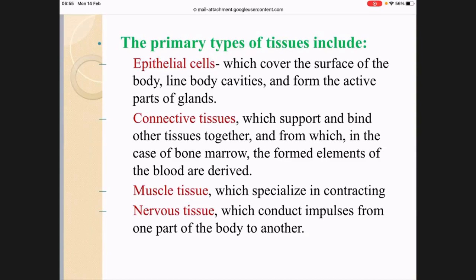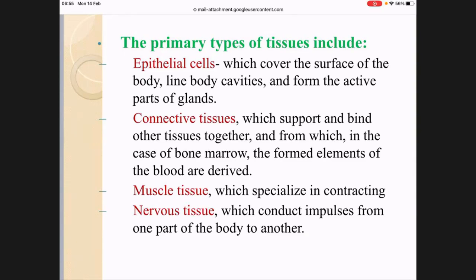Epithelial tissue covers the body surface mainly, lines the inner body cavities and the outer surfaces of body cavities, and forms the active parts of glands. Connective tissue supports and binds the tissues together; in the case of bone marrow, it forms the elements of the blood.